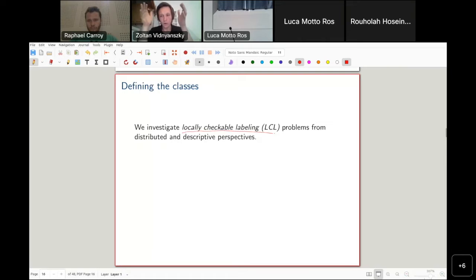So for example, coloring can be decided in one neighborhood. But this also covers, for example, perfect matching or edge coloring or all these usual graph theoretic problems. So this is a pretty large collection of problems.